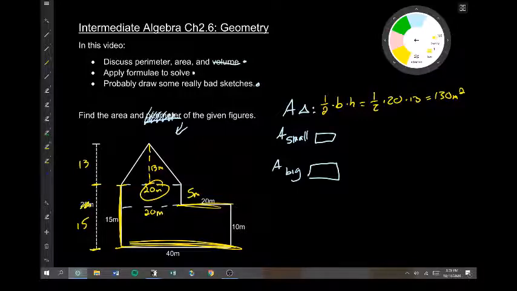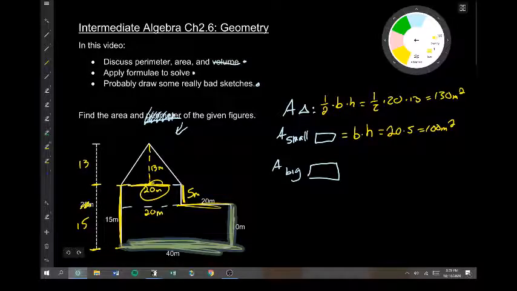The area of the small rectangle is just base times height, or length times width, which is 20 times 5. Here's the base, here's the height, 20 times 5. That's 100 meters squared. For the big rectangle, it's going to be this 10 by this 40.